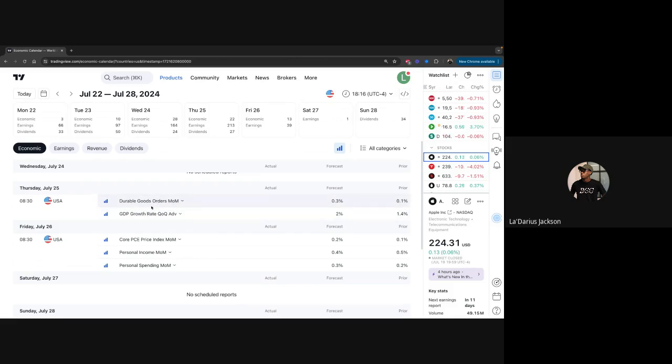So we have some major events towards the end of the week. We do have the GDP growth rate, and then we have durable goods. All of this is pretty much telling us how the U.S. is doing as an economy, and these numbers can help the Feds gauge if we're going to get a rate cut or not. That's been the whole talk throughout the beginning of the year: are we going to get a rate cut? We've had a lot of rate hikes, and a few rate pauses, but we haven't had any cuts.